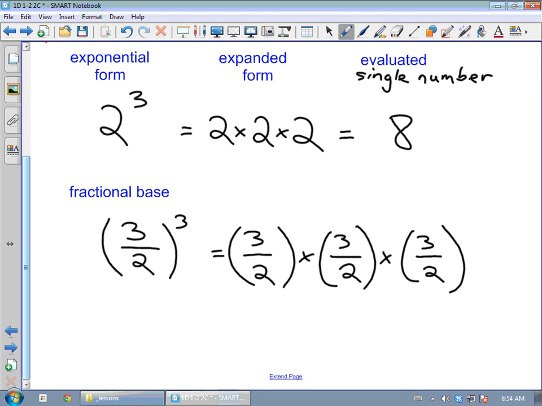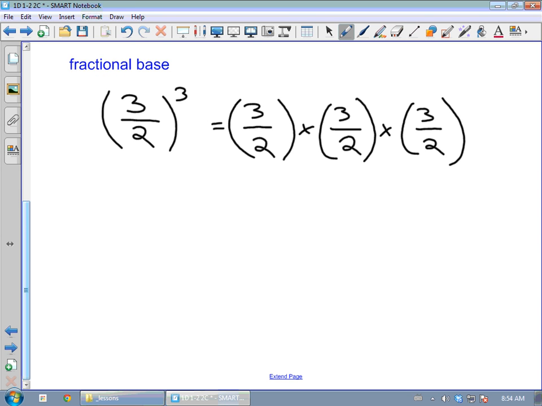And I've put the base in brackets here, and that's a good habit to get into, just so you're noticing what exactly the base is in each of these things. So here, my base is that entire fraction, 3 over 2. So there it is in expanded form.